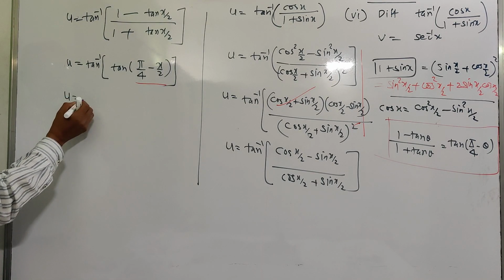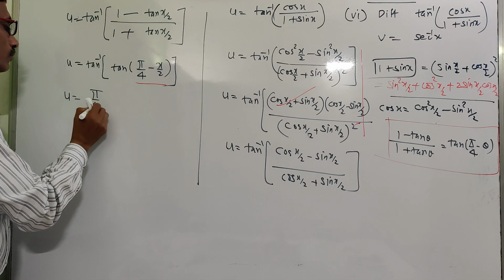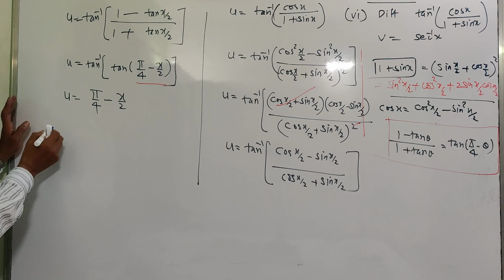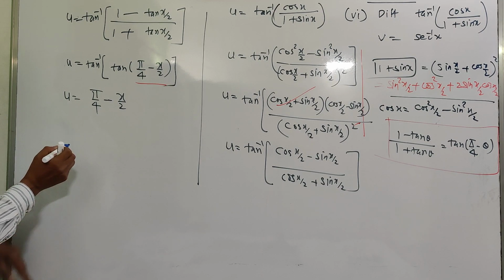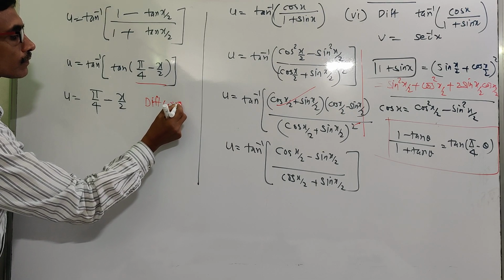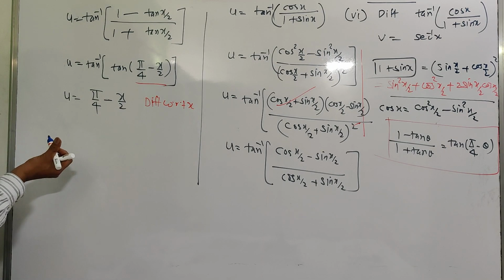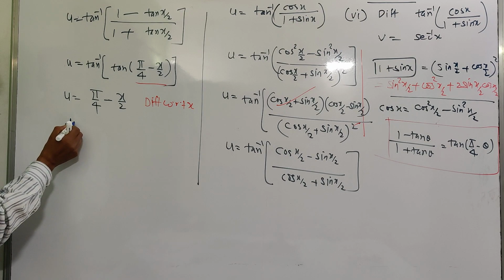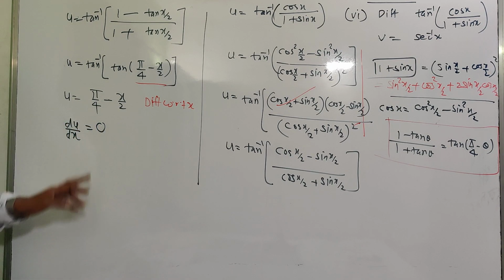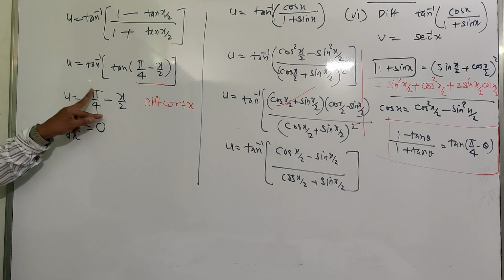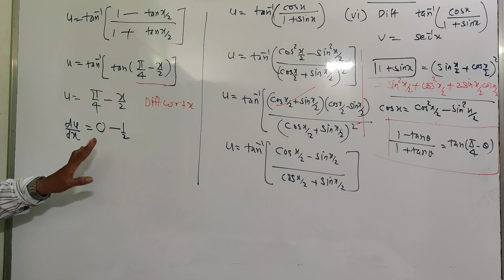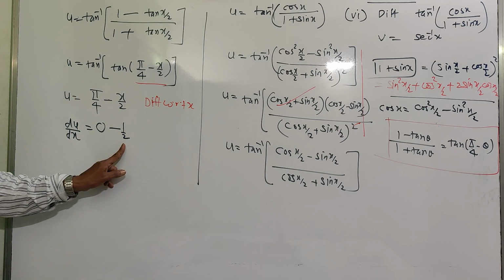So u is equal to pi by 4 minus x by 2. Now differentiating with respect to x, du by dx is equal to derivative of constant pi by 4, which is 0, and minus 1 by 2 times derivative of x, which is 1. So du by dx is minus 1 upon 2.